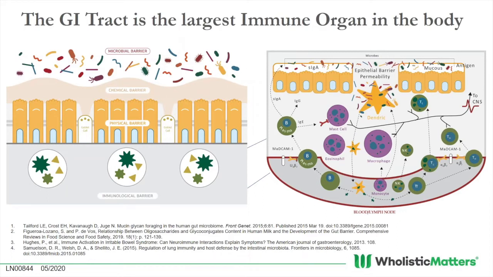This last layer of this barrier is that immunological barrier, and the immunological barrier is housed within the GI and is capable of responding to all sorts of threats. So if some microbes start to actually make their way through the barrier, if there's some sort of changeover or they're just able to get through for one reason or another, then the immune cells should be ready to respond to that area.